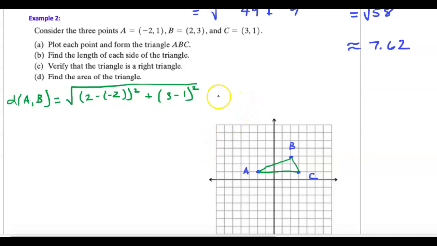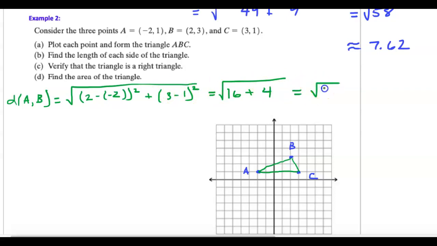and I can simplify that. And so I get 2 minus a -2, which is going to be 2 plus 2, which is 4 squared. So that's 16. Plus 3 minus 1, which is 2 squared, which is 4.